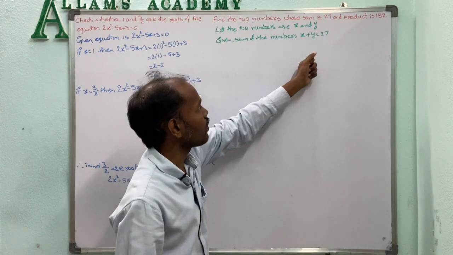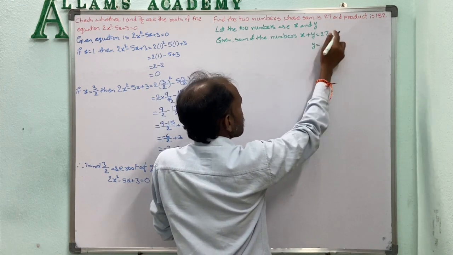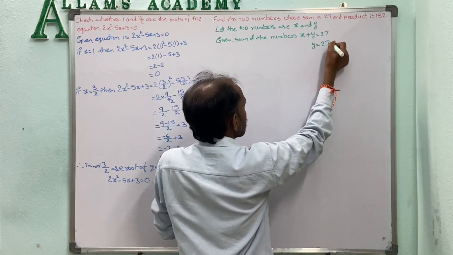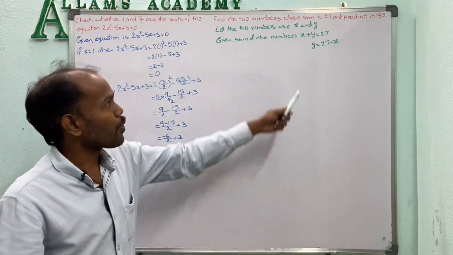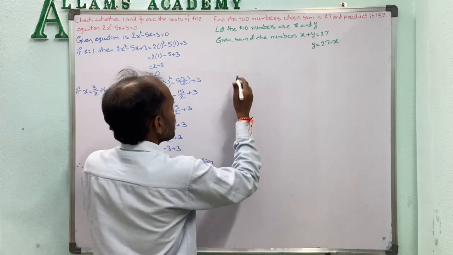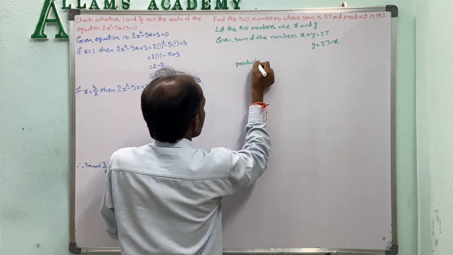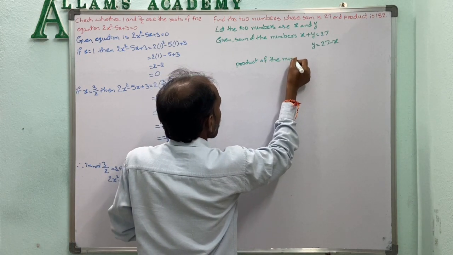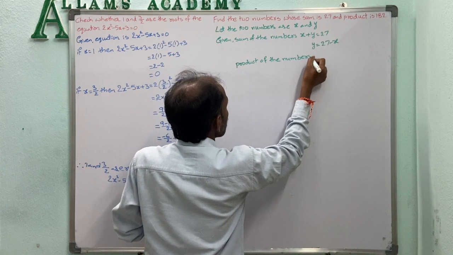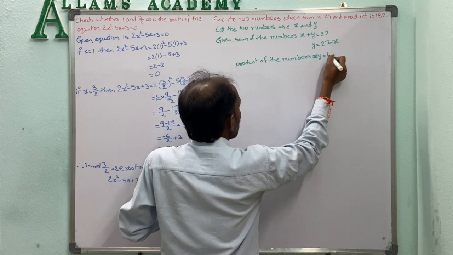So from this we can write y equal to 27 minus x, transferring x to that side. Now the product of the numbers is 182, given. So xy equal to 182.